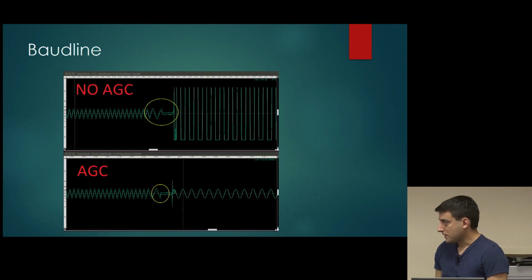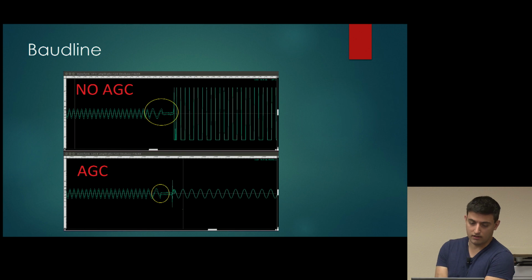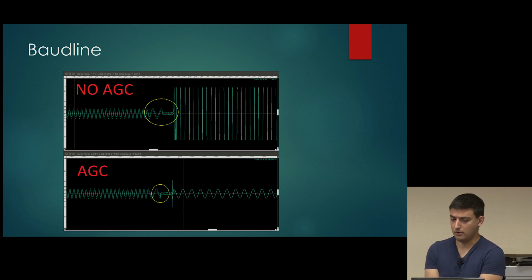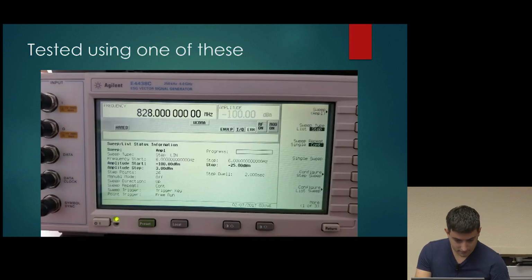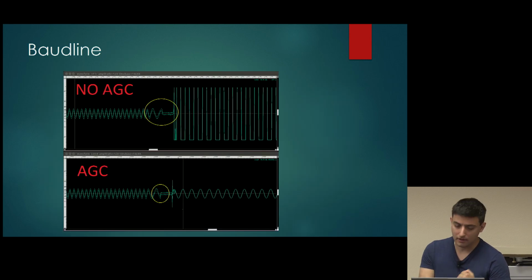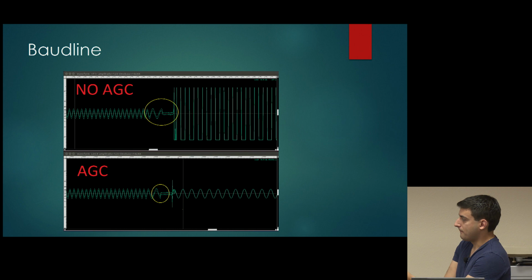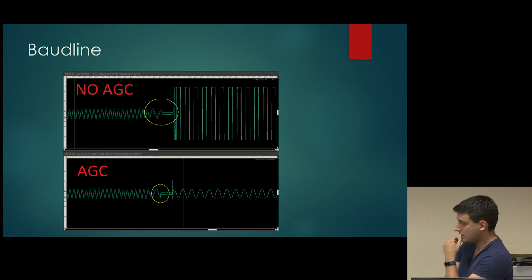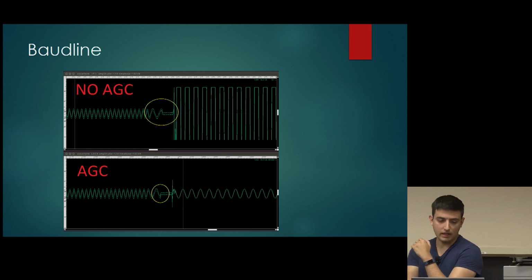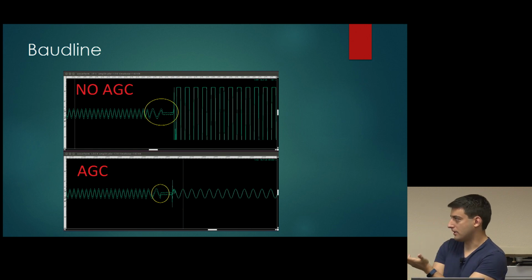So using baudline and enabling the AGC, this shows the transition from, I believe, a minus 100 dBm signal, which is on the left, to a minus 25 dBm signal. The top image is basically the lack of any AGC.